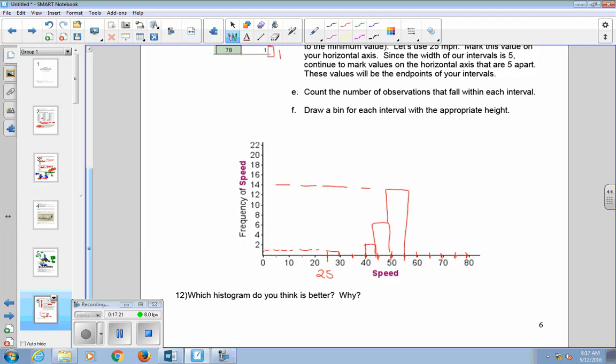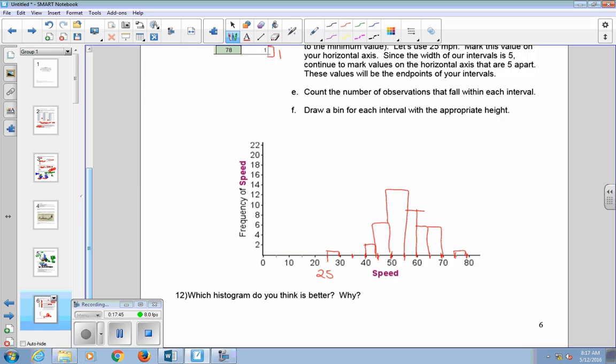And then we need a height of 10 for the next one, about here. And then heights of 6 for the next 2 bins. Okay, and then a height of 1 between 75 and 80. And once I'm done, I'm going to erase these dashed lines that help me with the heights.